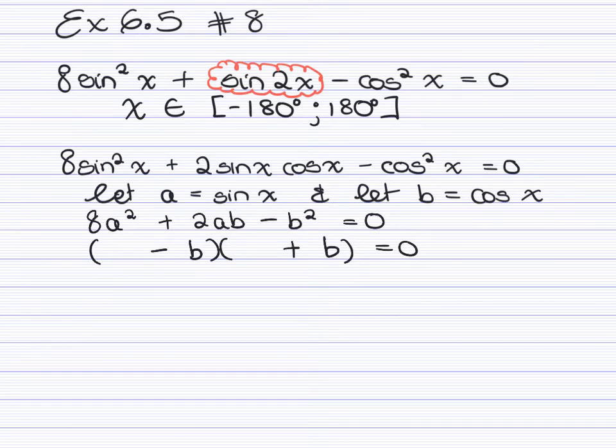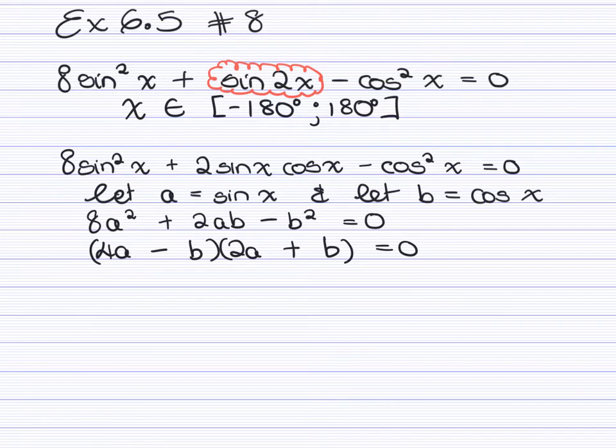We then look at the factors of 8a squared. You have several options here. You could either select 8a and a, but when you multiply those out, you won't get your original equation. If I use 4a and 2a there, and multiply out, that's when I will be able to get my original equation.